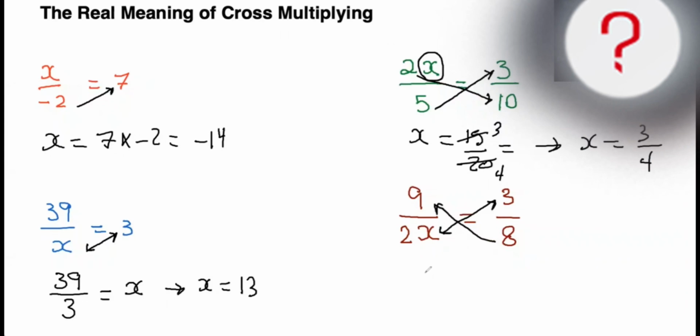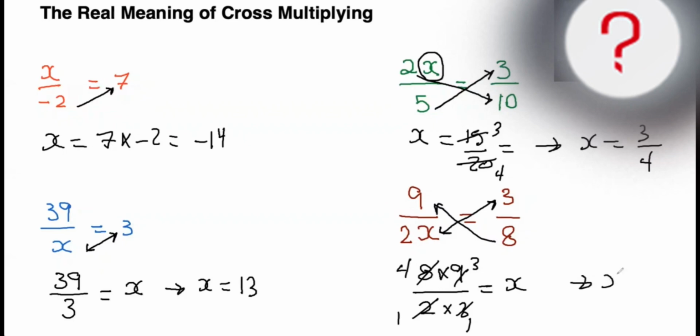This becomes 8 times 9 over 2, which stays there, and the 3 comes where the x is, so times 3 equals, and the x goes to where the 3 is. So all of this is done in one step. And now, if you want to reduce from here, 2 goes into itself once, goes into 8 4 times, and 3 goes into itself once, goes into 9 3 times, and 3 times 4 is 12. 12 over 1, or x equals 12.